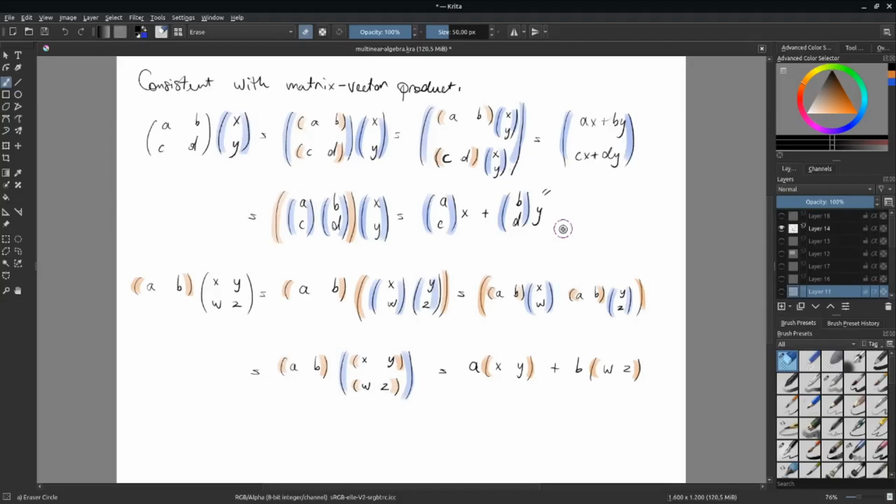And we can do exactly the same for a covector times a matrix, and it works out the same. So far so good. It seems to be well behaved, that these rules let us, with a single notion of product, have all these nice operations.